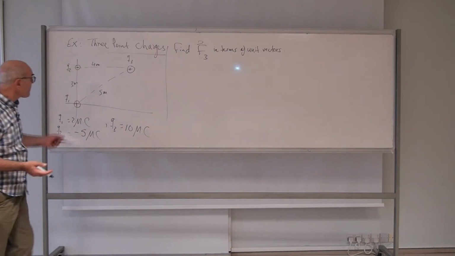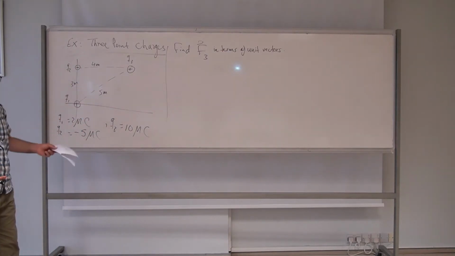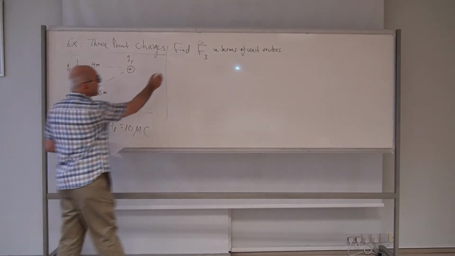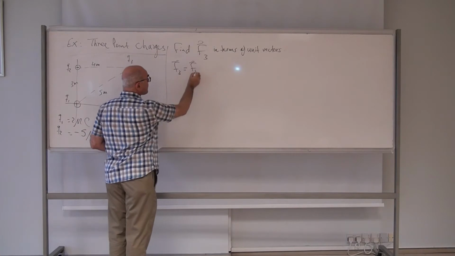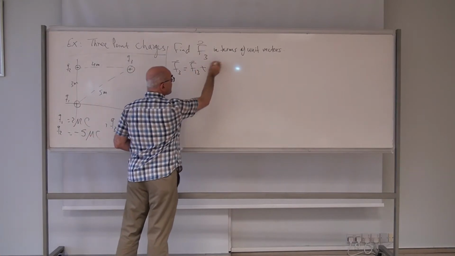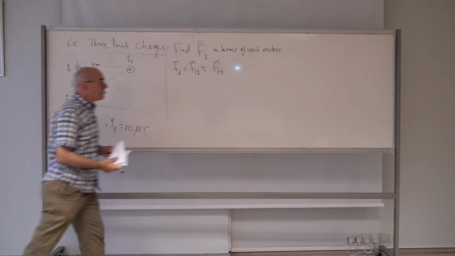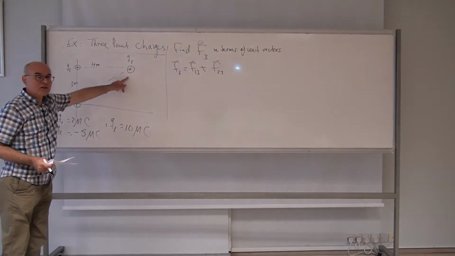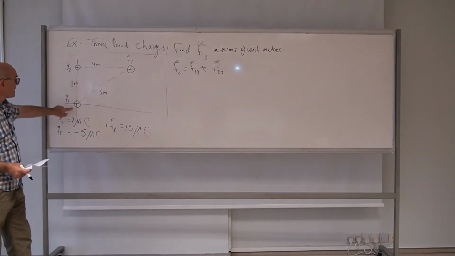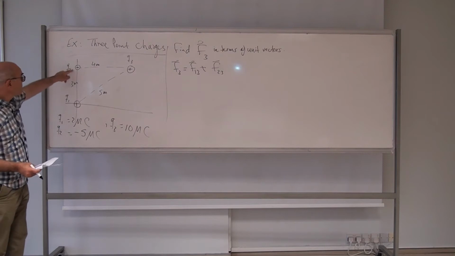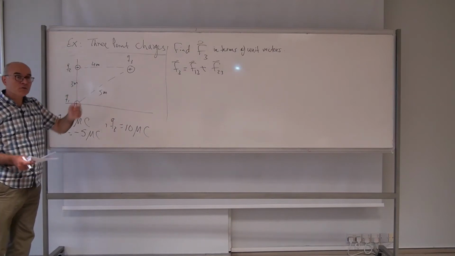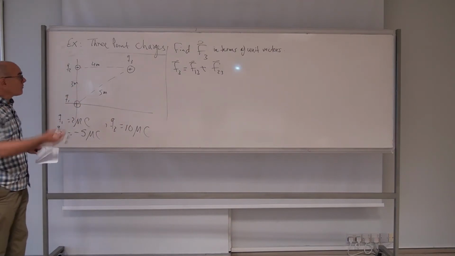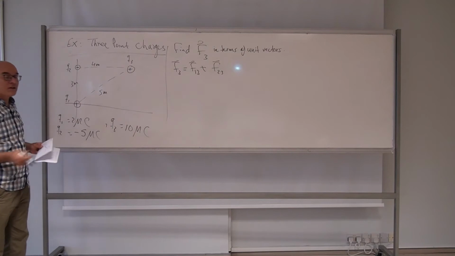So, the force on Q3, I know that F3 is actually F13 plus F23. That is, the force on this charge is due to the force by this charge plus the force by this charge. So let me show the force by Q1 on Q3 as an arrow, or as a vector on the diagram.